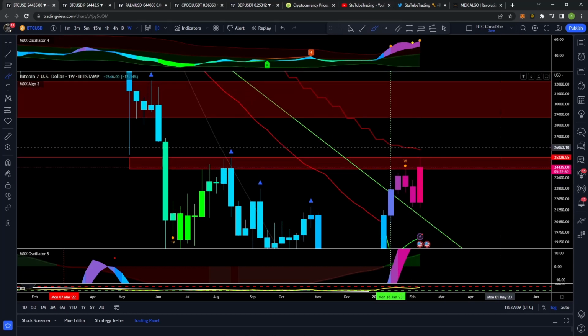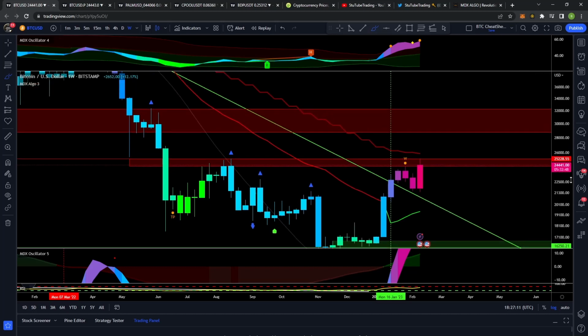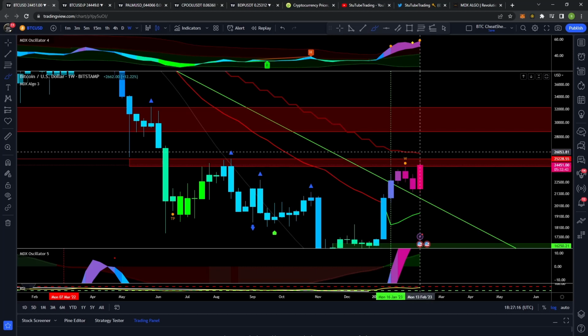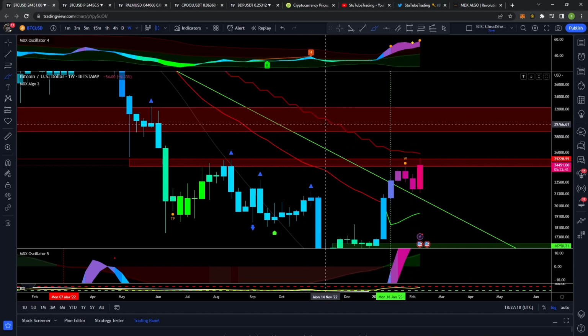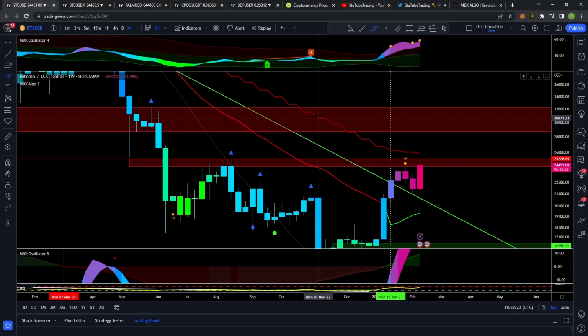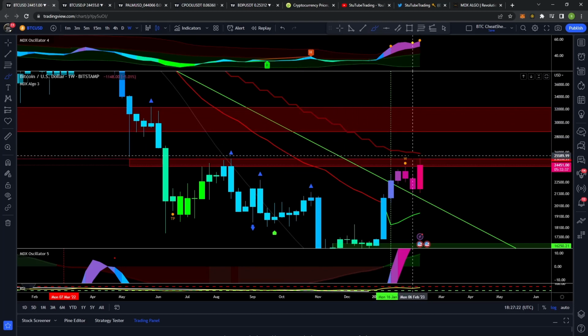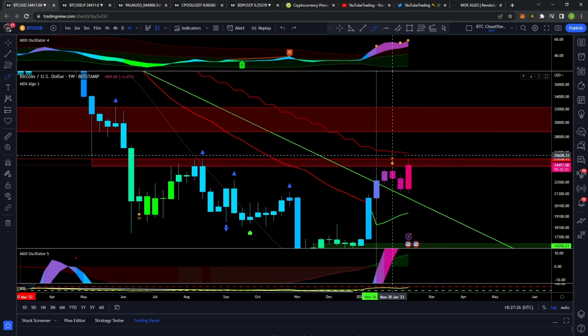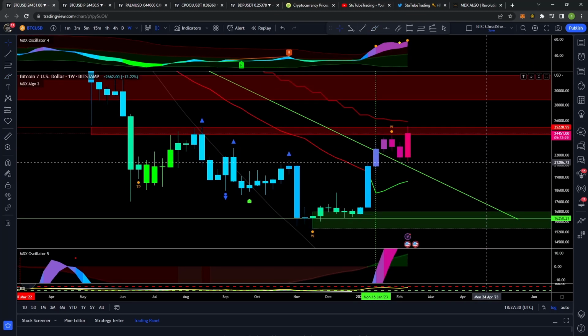So there may be a lot more upside move coming before we end up seeing another reversal call. You can see the trend confluence on the weekly chart. This red squiggly line here is also some resistance that we have to pay attention to. It is just above the price right now, so that is definitely something worth paying attention to.